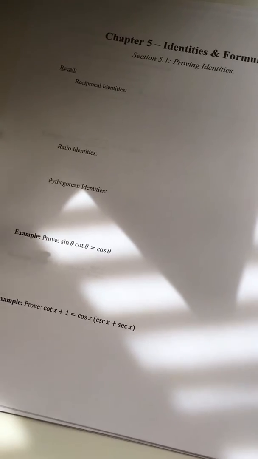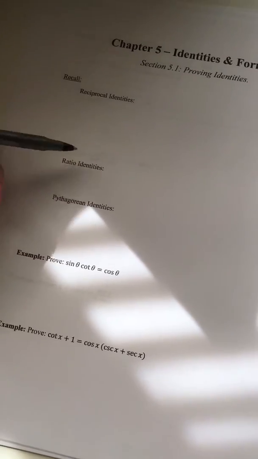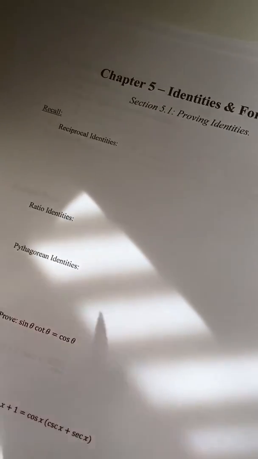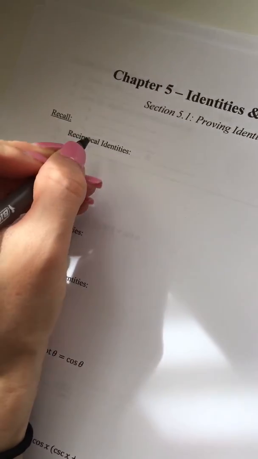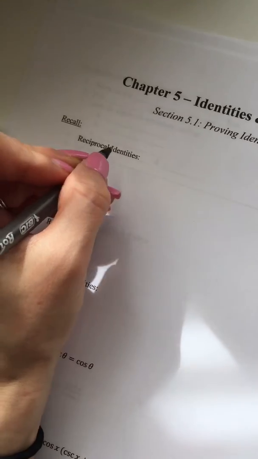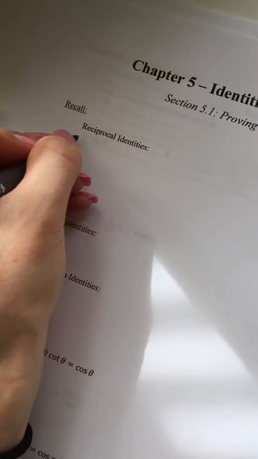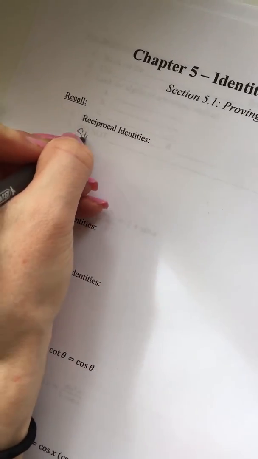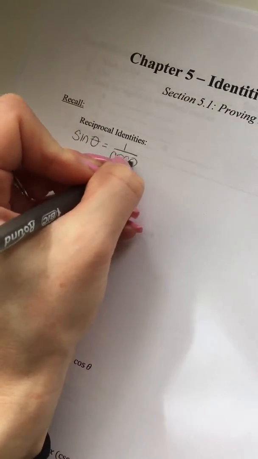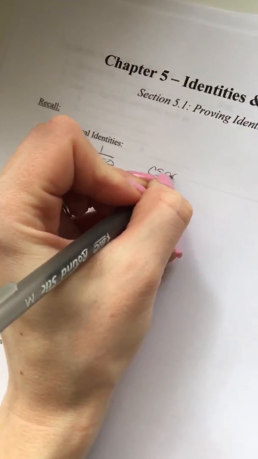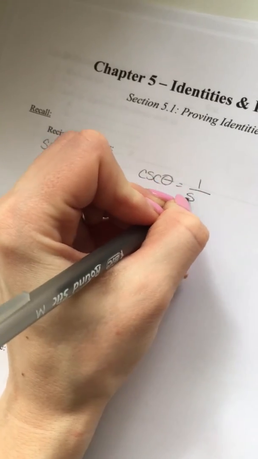So first off, I just want to recall all of this stuff we've actually already learned. The reciprocal identities, which are your sines, cosines, tangents, secant, cosecant, cotangent relationships. So we can say sine of theta is the same as 1 over the cosecant. And then likewise, cosecant is 1 over the sine.